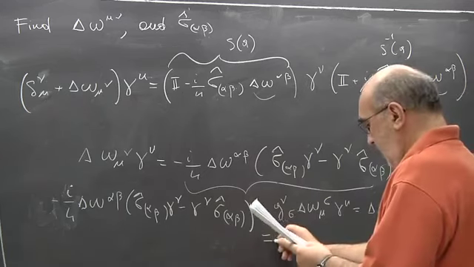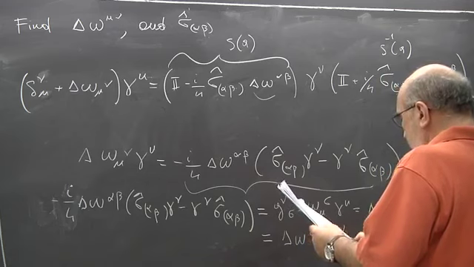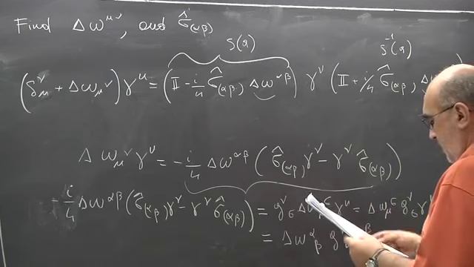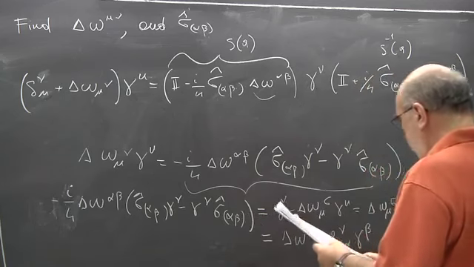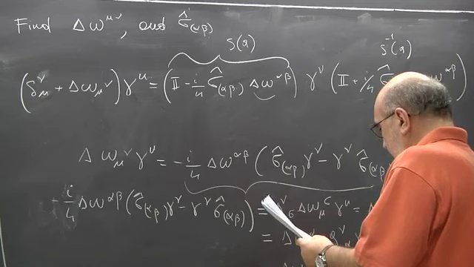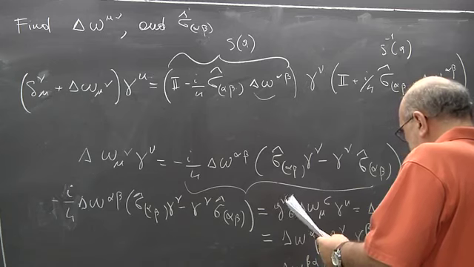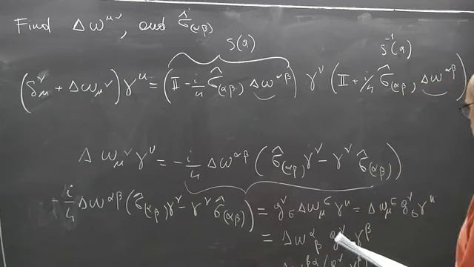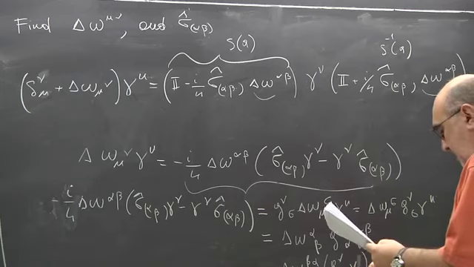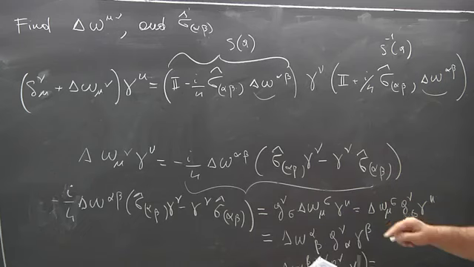Okay. Now this one is equal to delta omega alpha beta g nu alpha gamma beta. That is this written with different indices. This is also equal to delta omega beta alpha g nu alpha gamma beta, and the beta has to be down, sorry. So I have just rearranged the indices, I have done nothing.